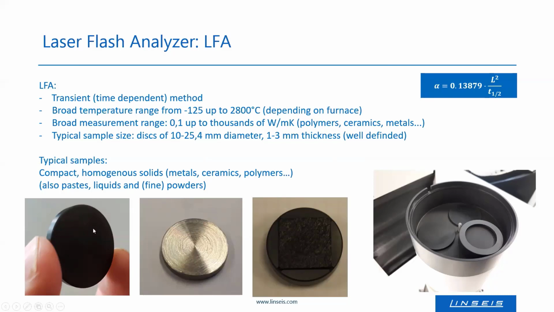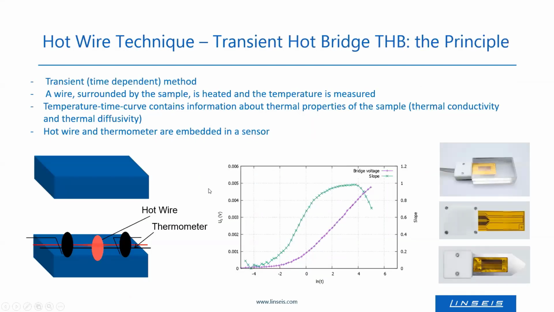Samples can be round. There are adapters also for square samples. Usually the samples are compact, homogeneous solids, can be metals, ceramics, polymers, and other materials. And there are special adapters to analyze pastes, liquids, and also fine powders.